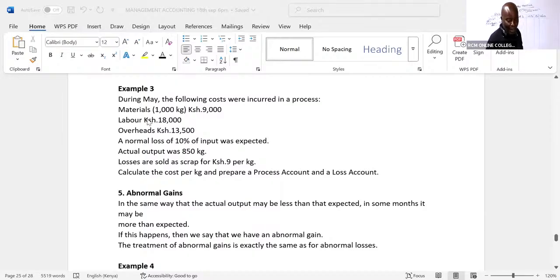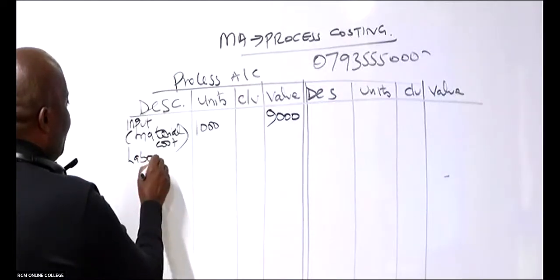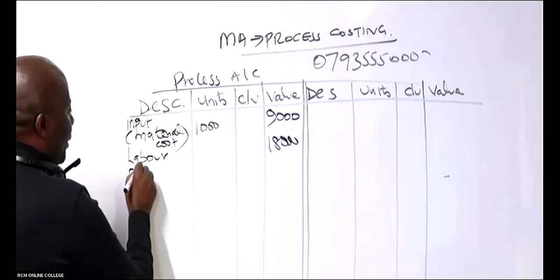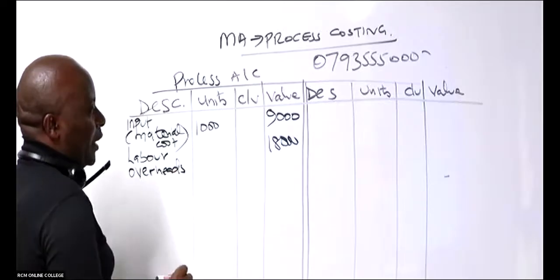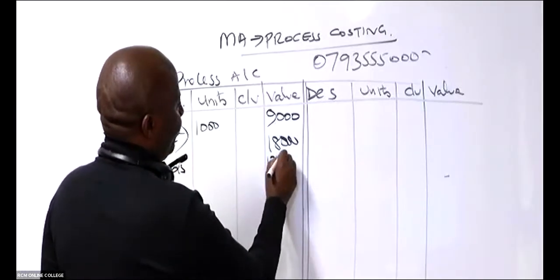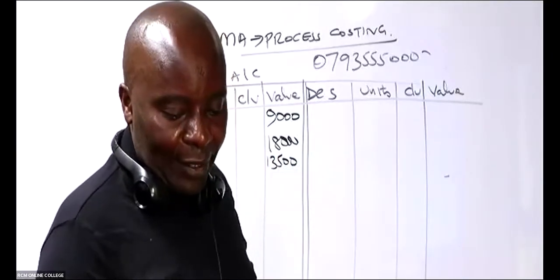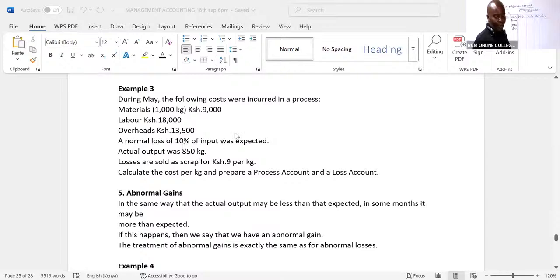You can see labor is 18,000, overheads is 13,500.